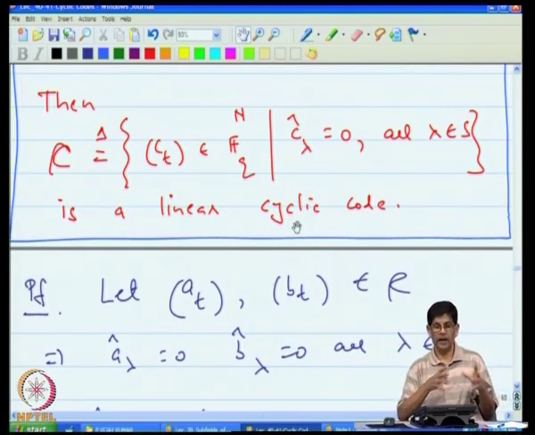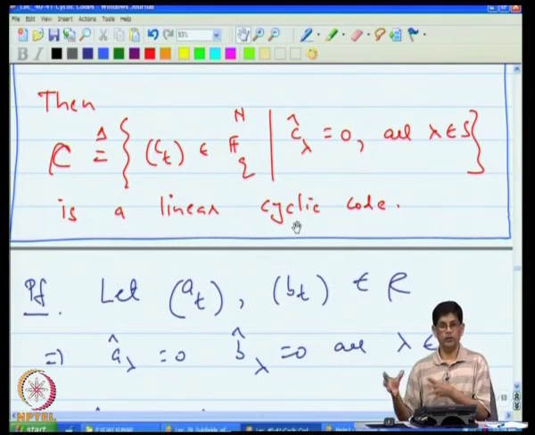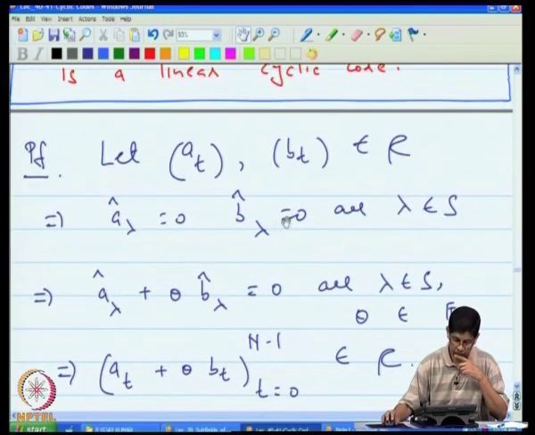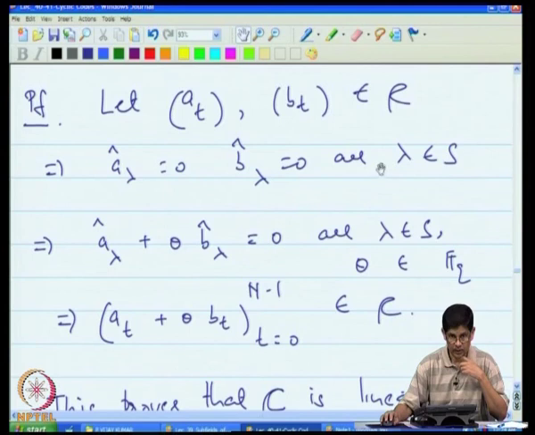It says that I can start from a code and go to a closed set, or I can start from a closed set and I am led to a linear cyclic code. So, let A of t and B of t be code words, so that means that A hat of lambda and B hat of lambda are both 0 for all lambda in the closed set.